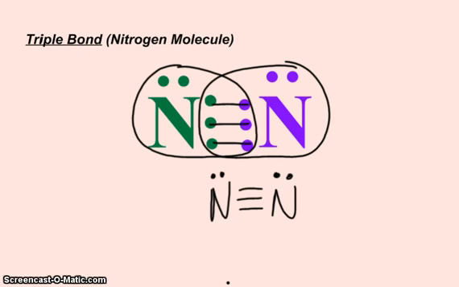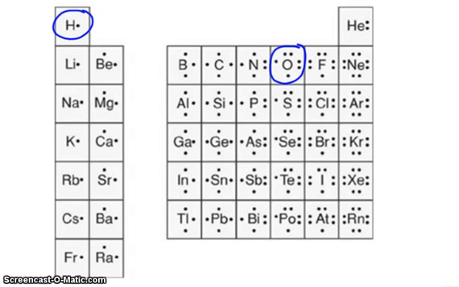And by the way, most of our bonds are single bonds. If there's a triple or double bond at this moment in time, I will tell you whether or not there is one. But when you look at our puzzle pieces, and this is the last thing here, you kind of see which elements can form which type of bonds.